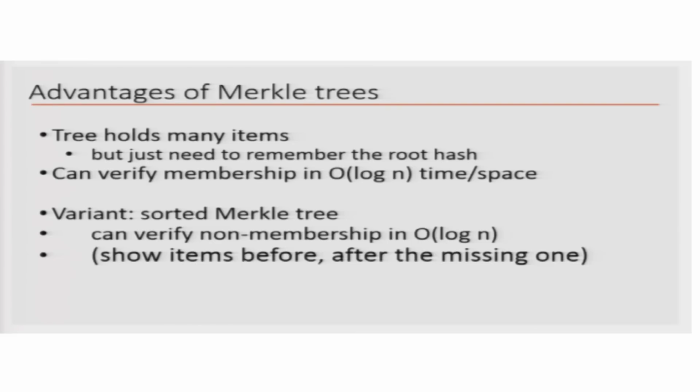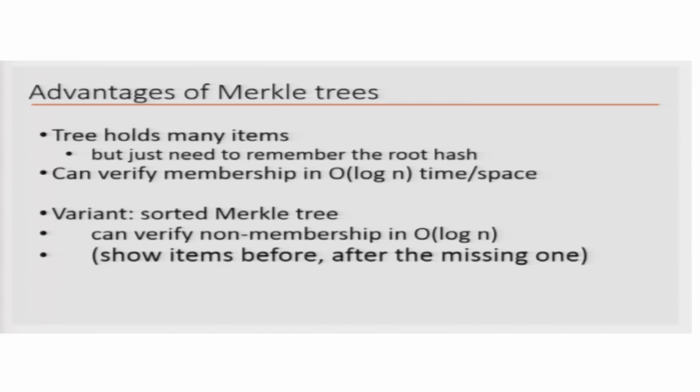So, you can verify membership. Suppose you want to know whether a particular piece of data is present, then a logarithmic search through the tree's depth from the root will find that. Now, there is a variant called a sorted Merkle tree, where the members are also sorted.